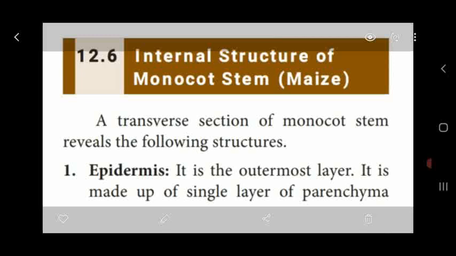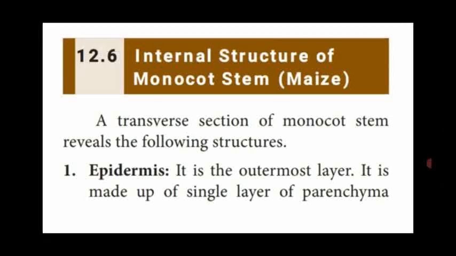Like the dicot stem, the monocot stem is also made up of epidermis. It is the outermost layer, a single layer made up of closely packed parenchymatous cells, covered with cuticle.